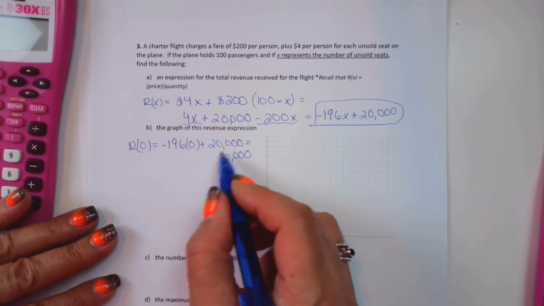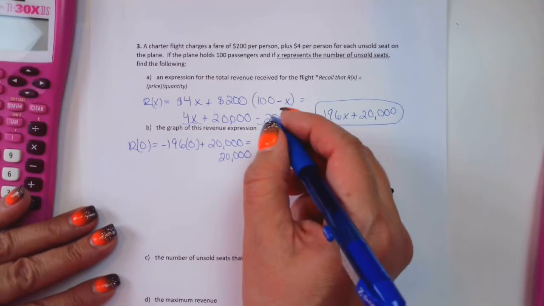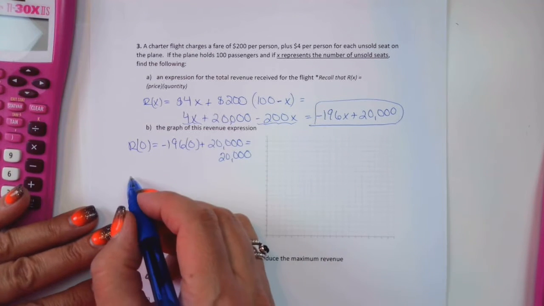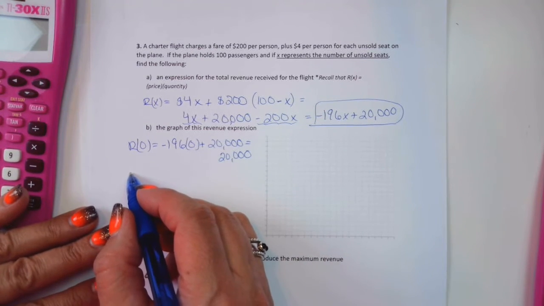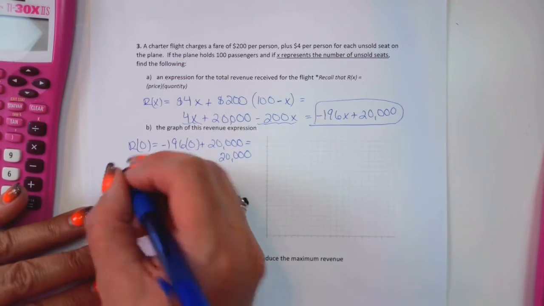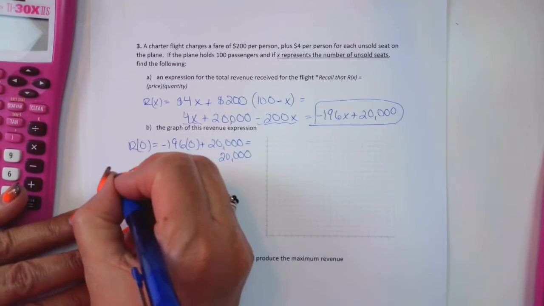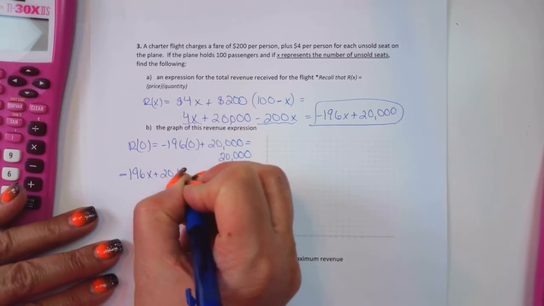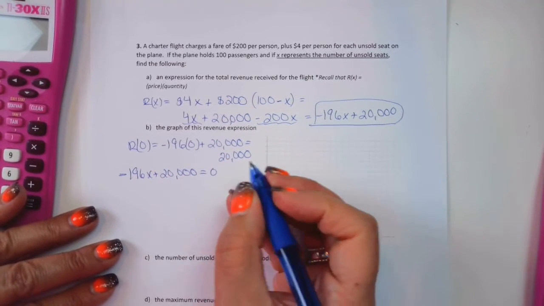Okay, so 20,000 should be somewhere up here. But let's look at the x-intercept. So we're going to set this here, negative 196x plus 20,000, to equal 0.